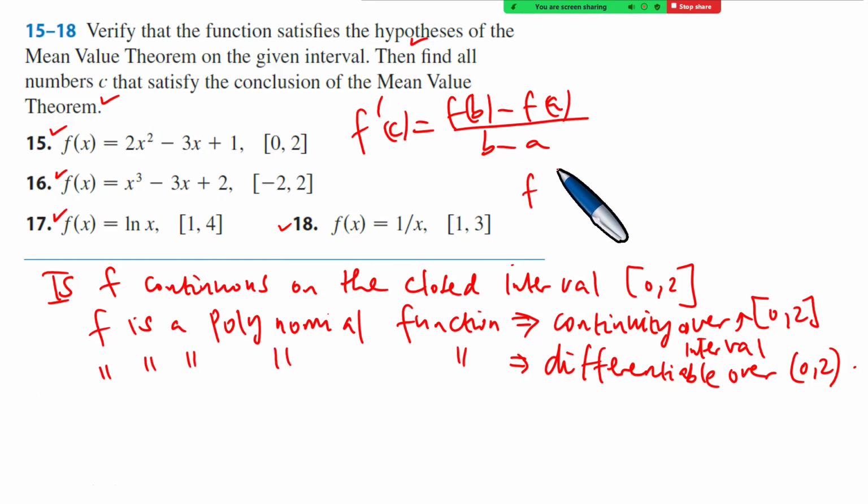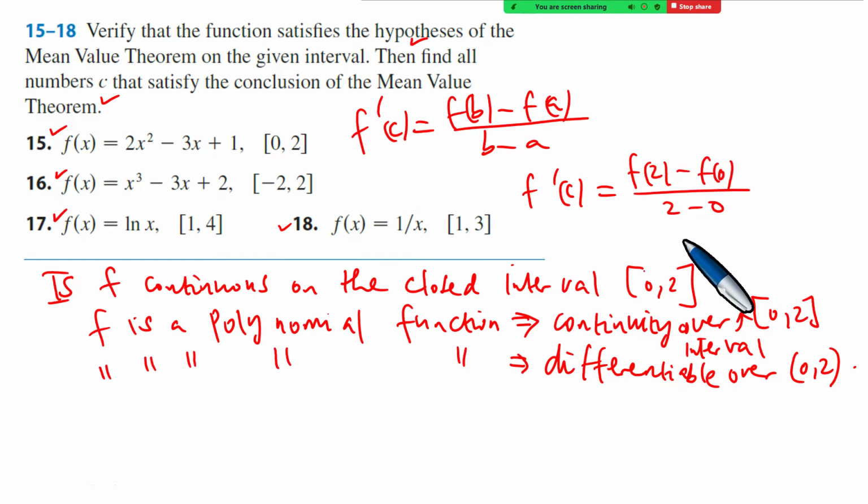So f prime of c equals f of 2 minus f of 0, all divided by 2 minus 0. What is f prime of x? It is 4x minus 3.